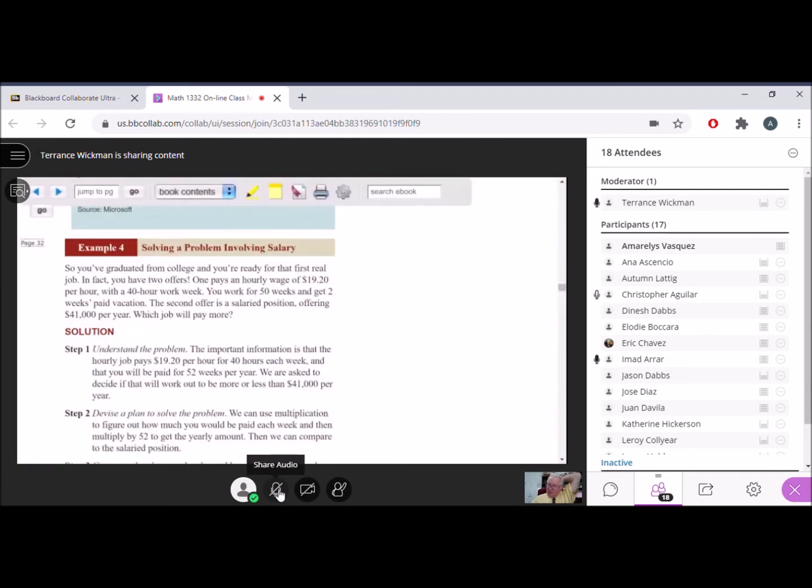This is always a good one. People ask me sometimes, what would you rather be paid, an hourly wage or a salary? Well, it says here, if you work 40 hours a week, and they give you $19.20 per hour, multiply it times 52 weeks, we want to know if that is going to be better than the 41,000.